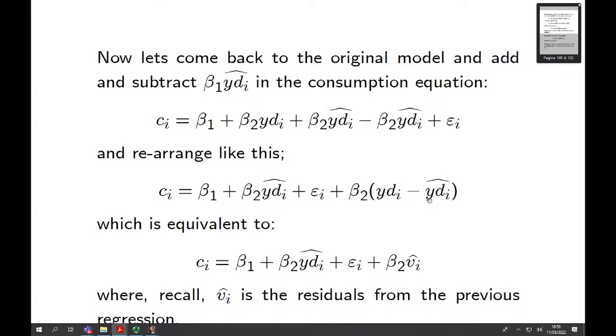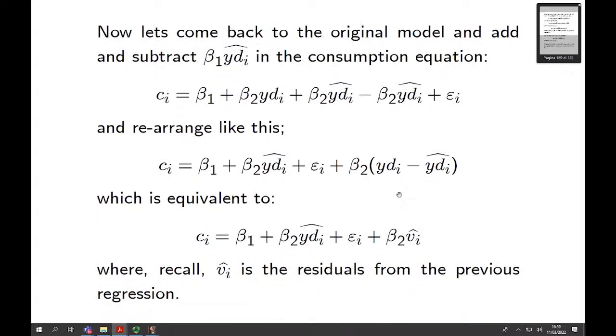You should agree with me, it is the residual of the previous regression. And notice that we know by construction that this fitted and this residual are uncorrelated. And my last point is that this new fitted is uncorrelated with the error term epsilon i.